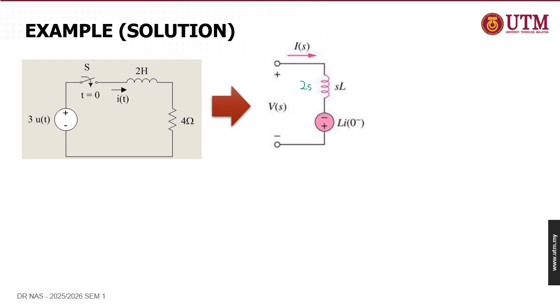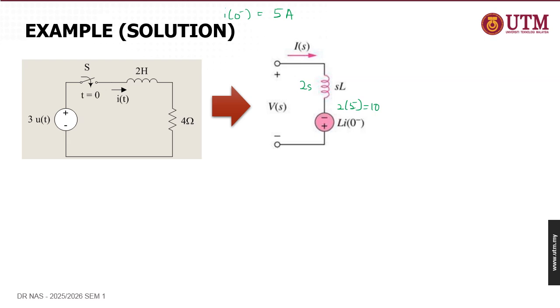And then L i naught, as stated in the question, i naught equals 5 ampere. Therefore, L i naught is 2 multiplied by 5, so it is equal to 10.